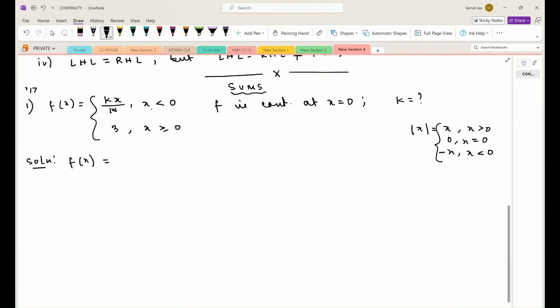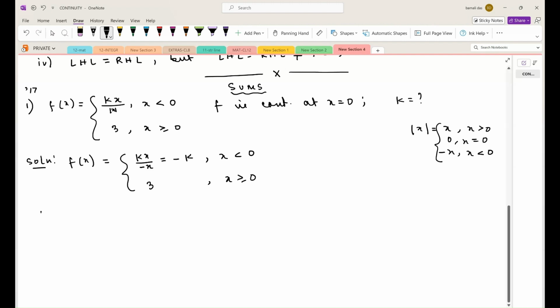When x is negative, mod x is minus x, so it will be kx by minus x, that is just minus k, when x is less than 0. In the second branch, there is no mod, it's a constant value, so 3 remains 3 when x is greater than or equal to 0. So we redefine the function removing the modulus.